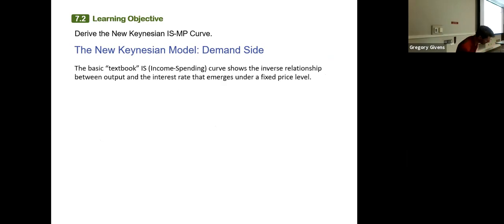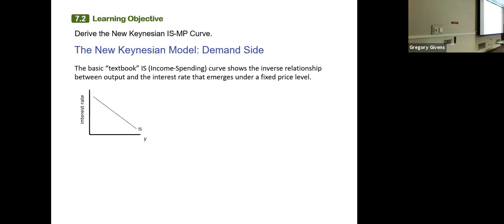Okay, the demand side of the New Keynesian model is characterized by something called an ISMP equation. Now, where does the IS part come from? Well, hopefully you remember the textbook IS equation from your intermediate macro class.